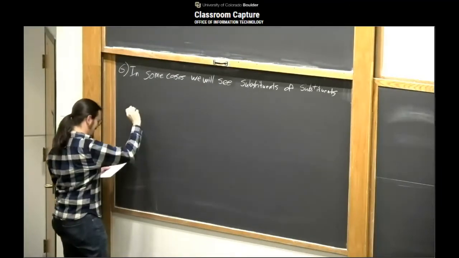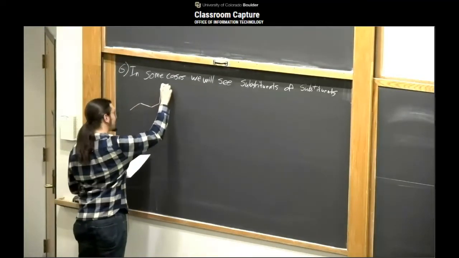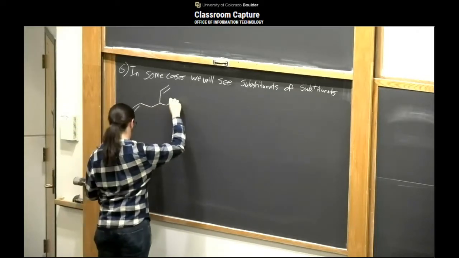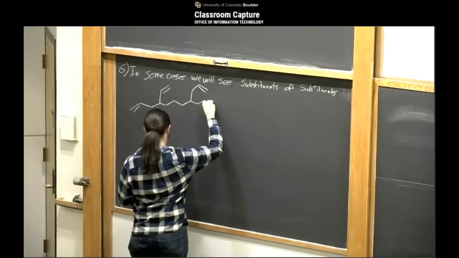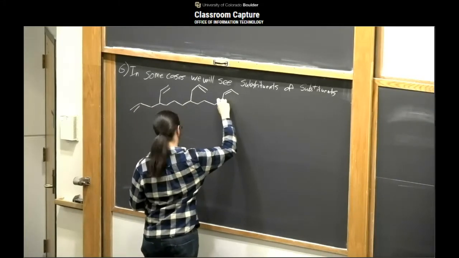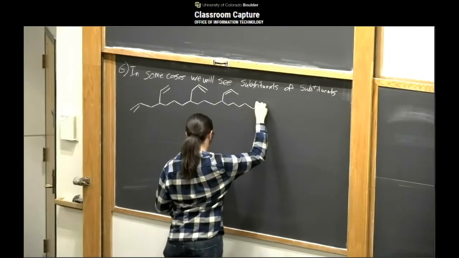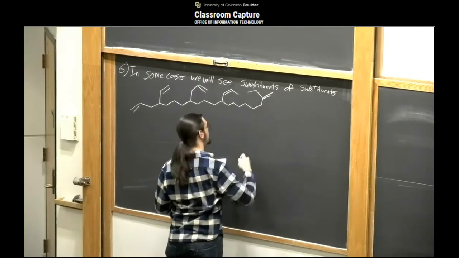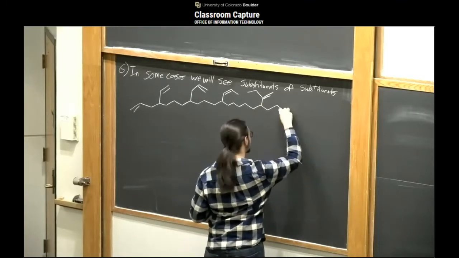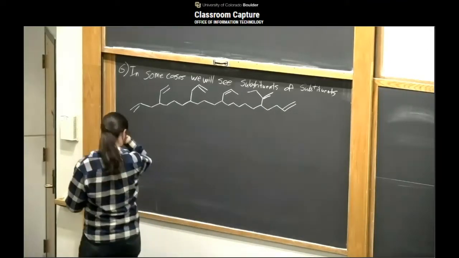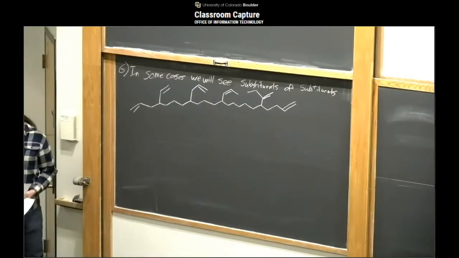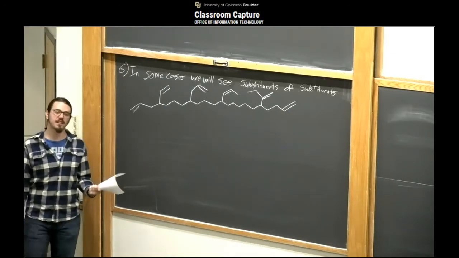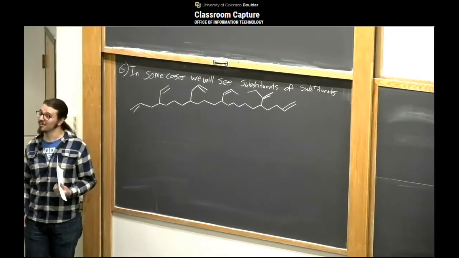So I'll draw up a big molecule. So we've got multiple different groups on here. The parent chain is pretty easy to point out. It's that big long one along the bottom. We know that it's the parent chain because it has the longest chain as well as the largest number of alkenes in it.